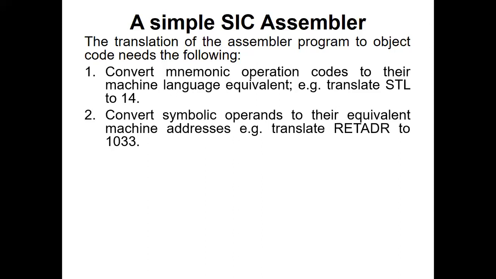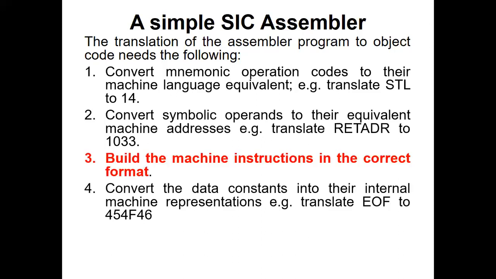Then you convert the operand to its equivalent address. If the operand is a return address, you get its equivalent address, which is 1033. Then you build the instruction in the correct format. You have to know the format of the instruction: opcode, then bit number 9, and then the address.